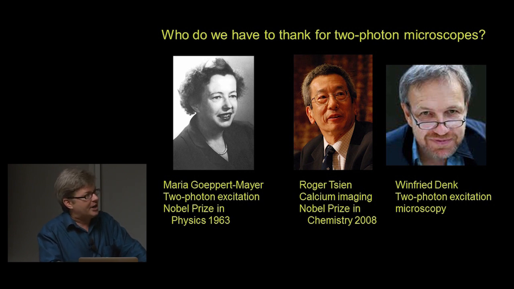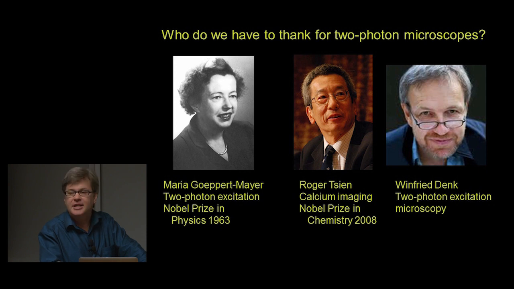And the third thing, so you have the excitation, you have the calcium indicators, and then you have the idea of focusing one point of light and moving it around. And that was the idea of Winfried Denk in Watt Webb's lab in Cornell.